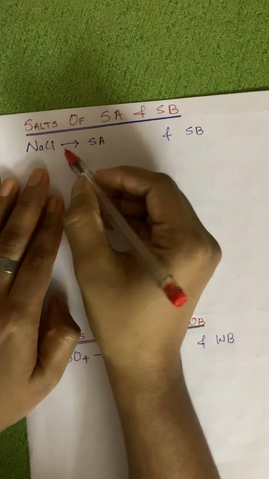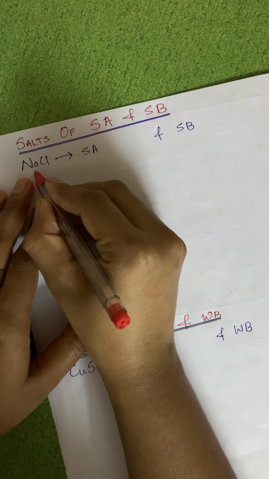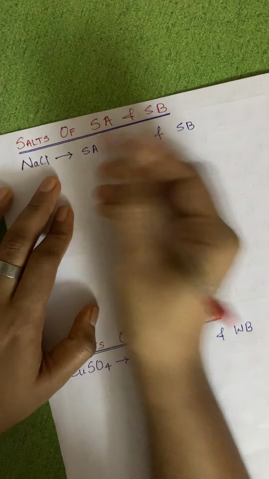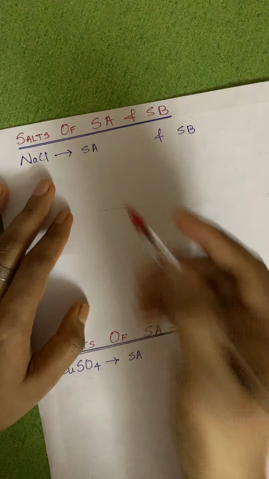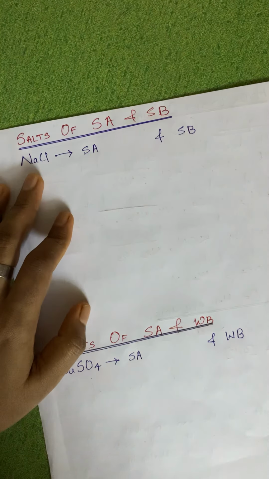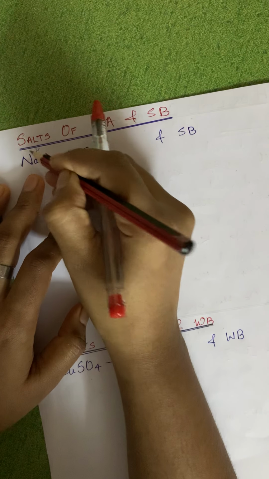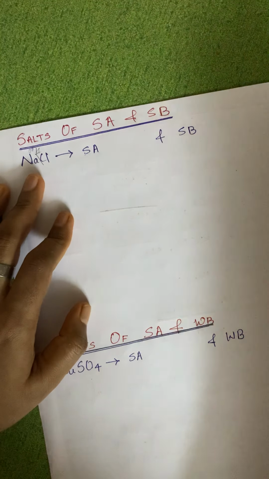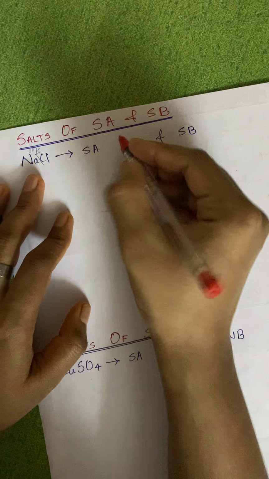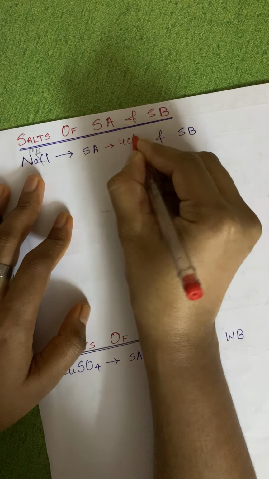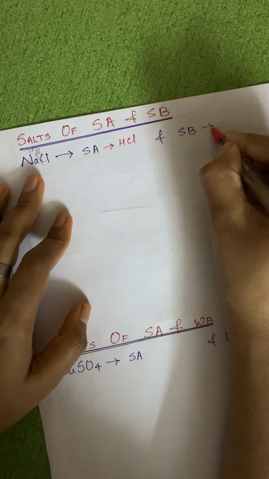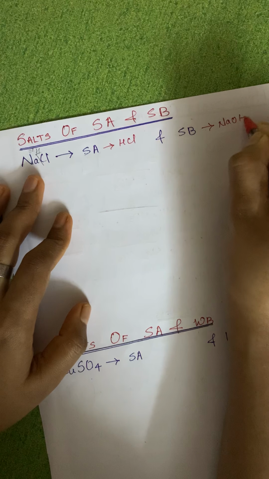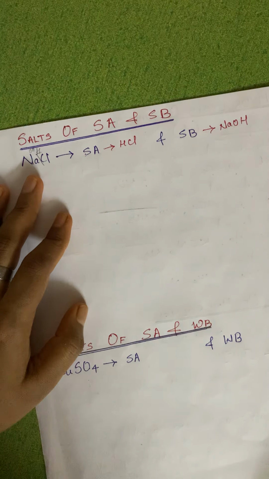Now you should be able to write this. NaCl is a salt of strong acid and strong base. It will be H and OH, so H will go to Cl, giving strong acid HCl, and strong base NaOH. This is the first step in each hydrolysis of salt.